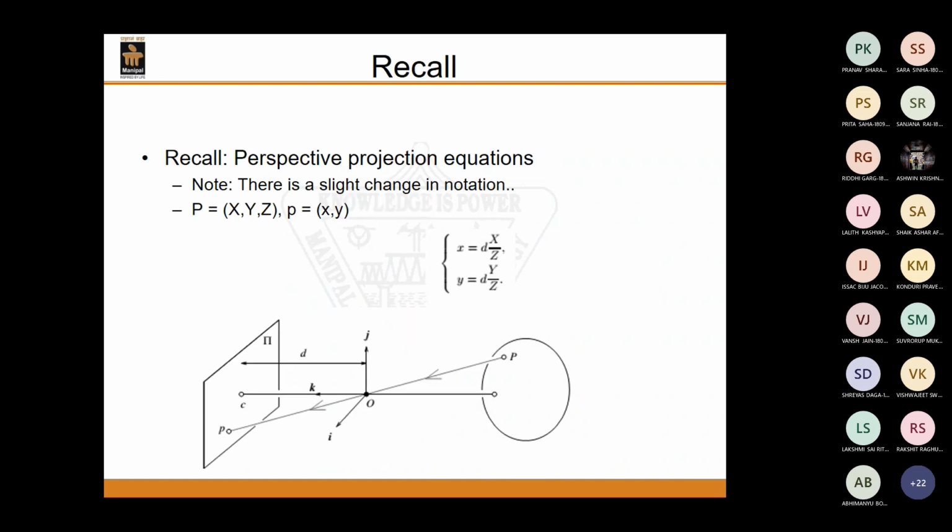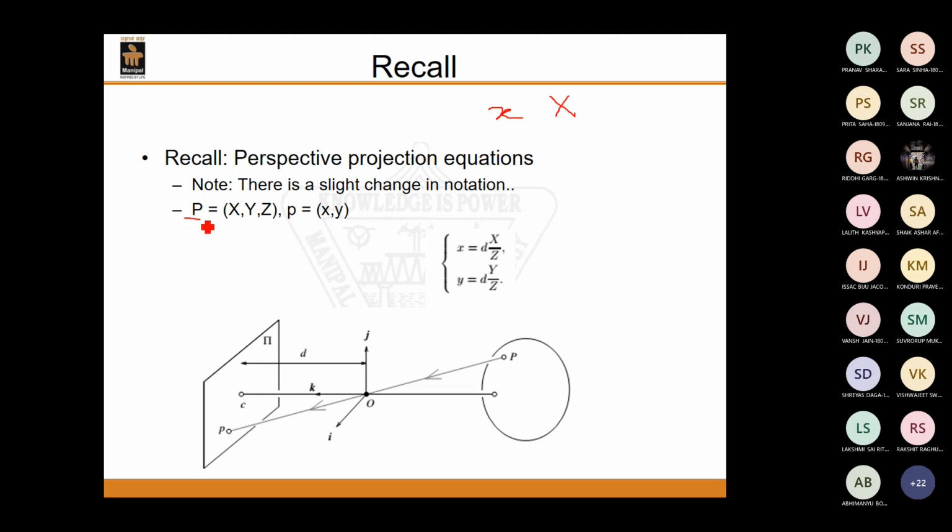Now, a small recap on what we have discussed in earlier classes regarding the projection matrices and the pinhole camera concepts. Okay. So till now, we used small x and capital X: small x to represent the image point in the image coordinates, and the corresponding 3D point was represented by capital X. Now for the next few slides, we'll be changing the notation.